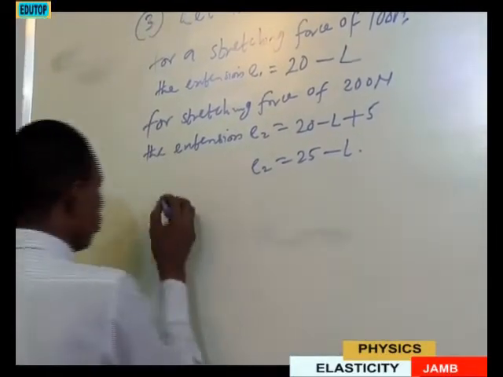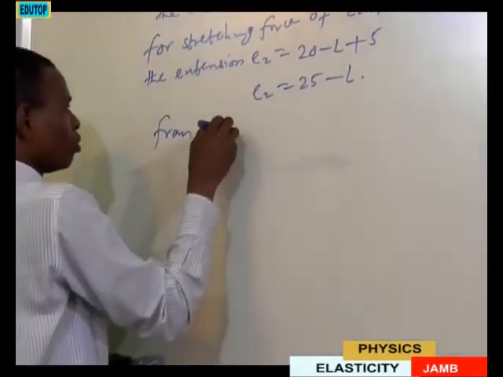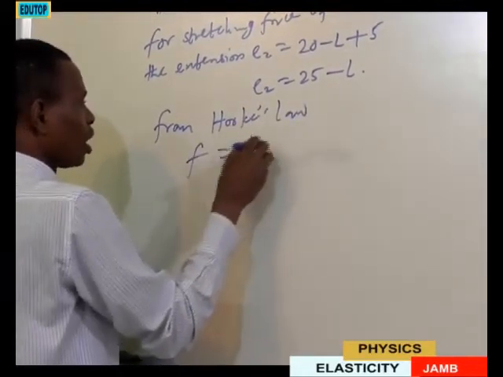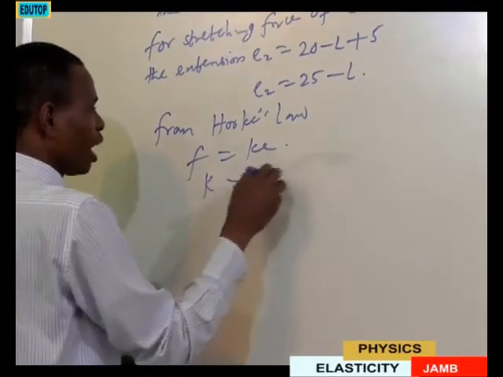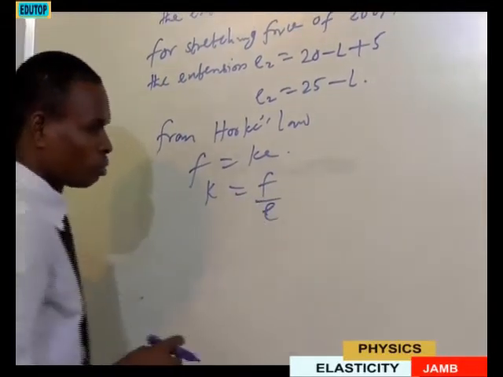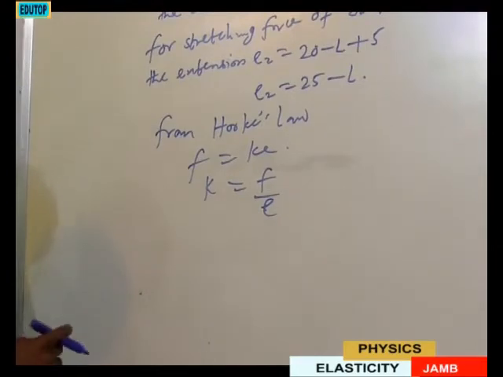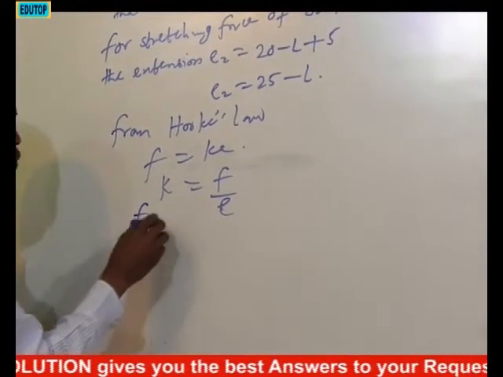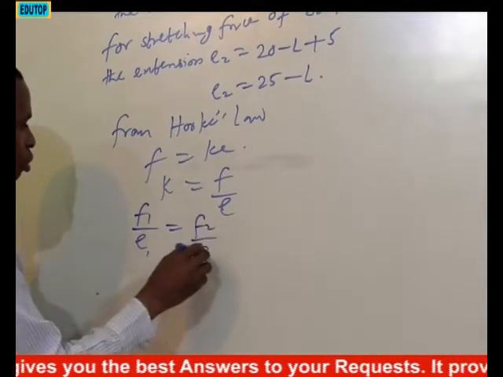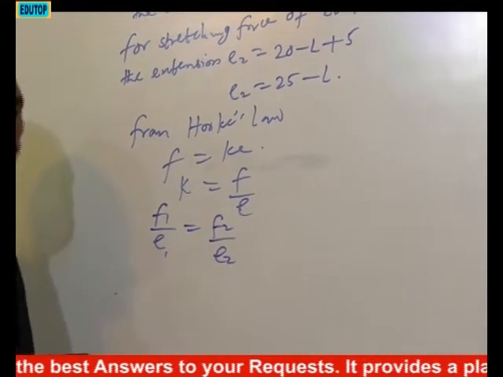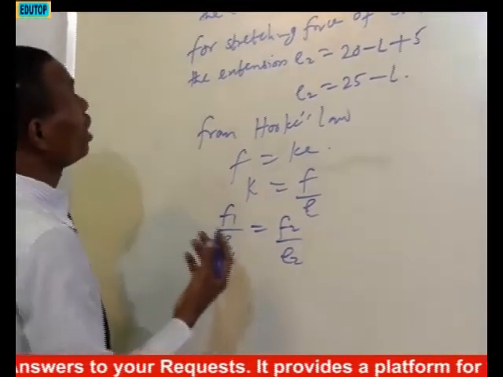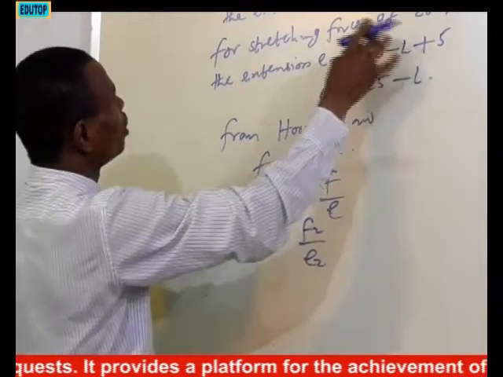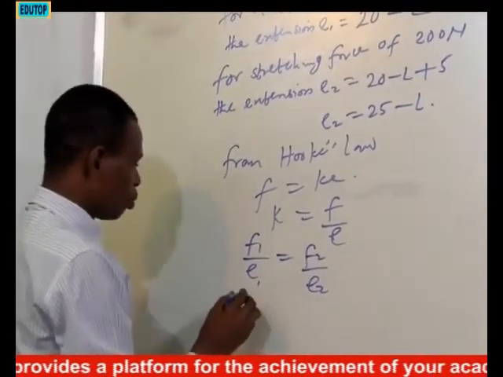Okay? So from Hooke's law, F is equal to KE, K is equal to F over E. Okay? Then we can come on and say F1, E1, F2, E2. What is going to be our F1? We have been given for the stretching force of 100.